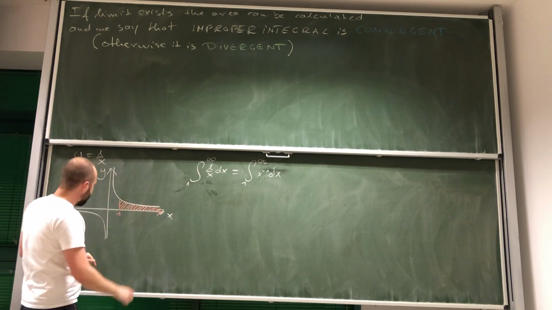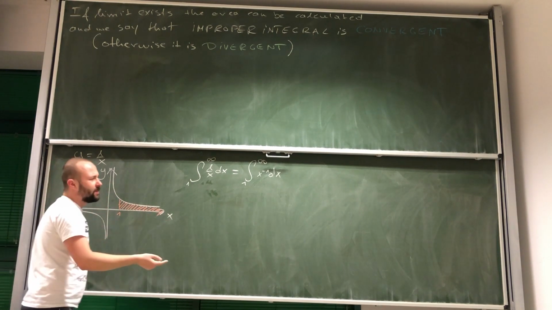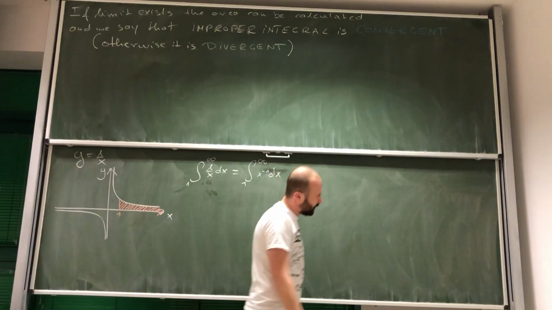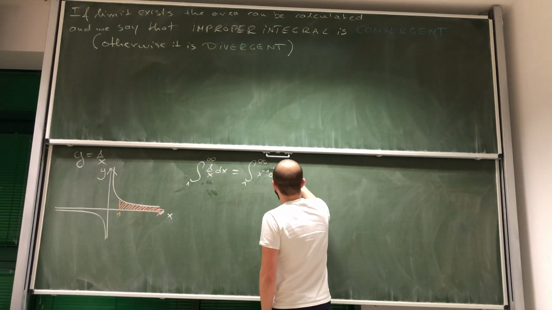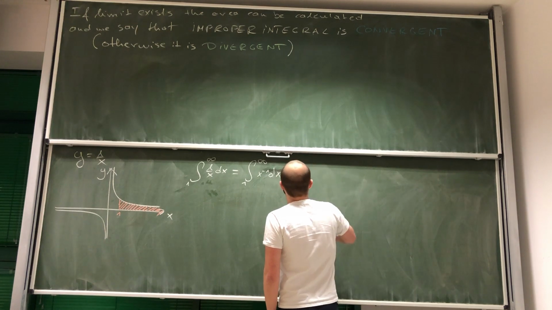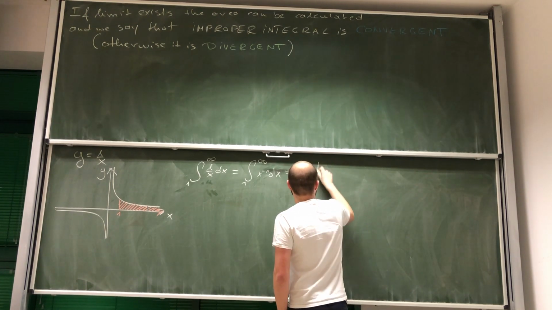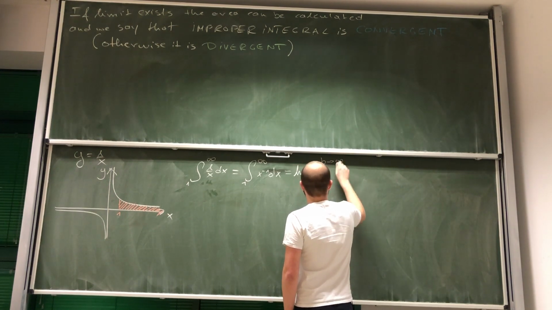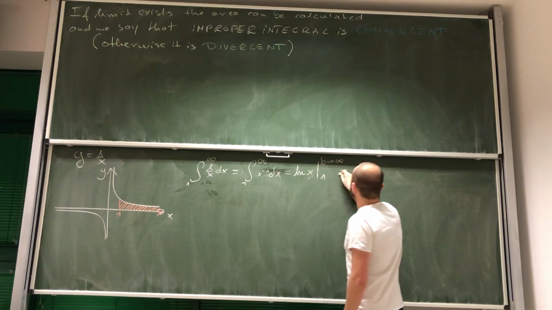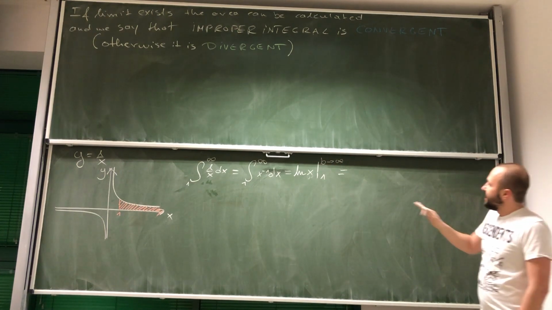But again, because we've got it from 1 to infinity, it's positive. We don't need to use absolute value. So we got that this is a natural logarithm of x, and here we've got b approaching infinity, 1.